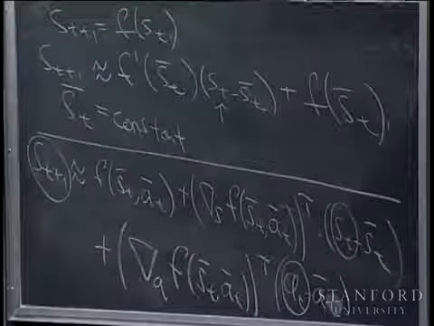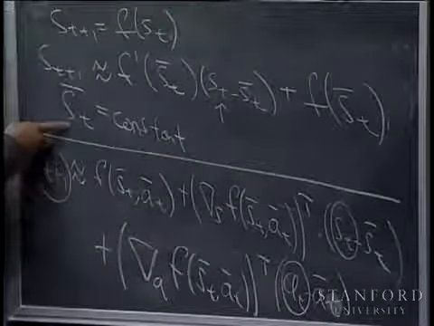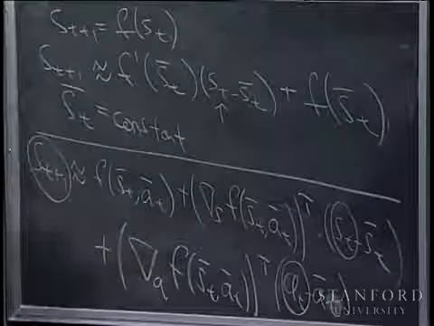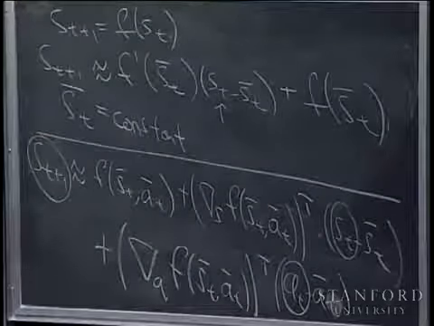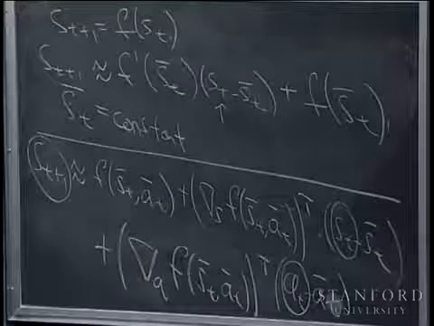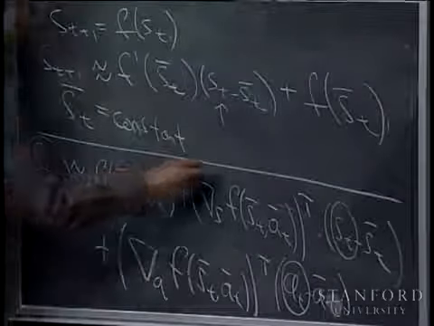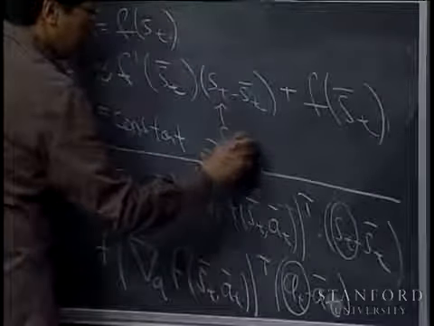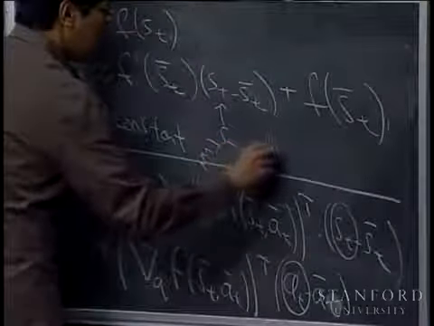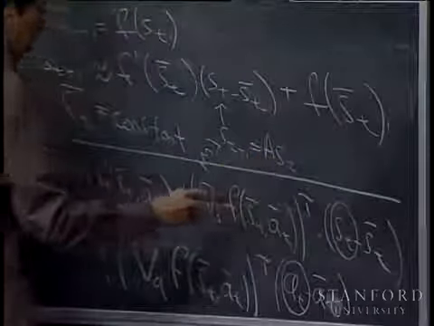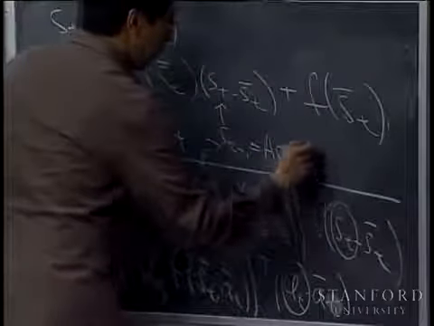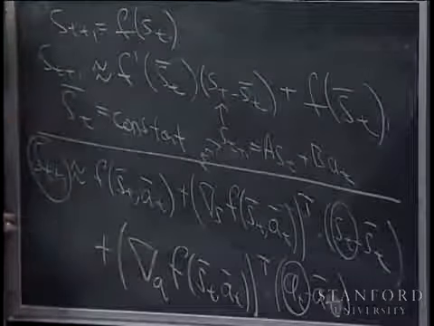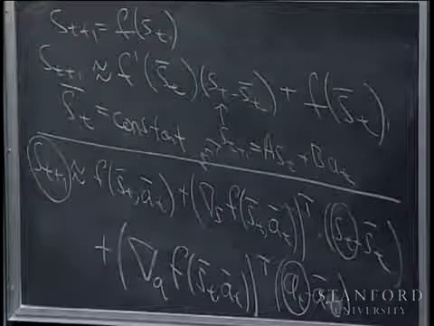And again, s bar t is a constant that you choose ahead of time. And the same for a bar t. All right, cool. And lastly, having linearized this, you can then convert it to matrices like that. So s t plus 1 is now a linear function of s t and a t.